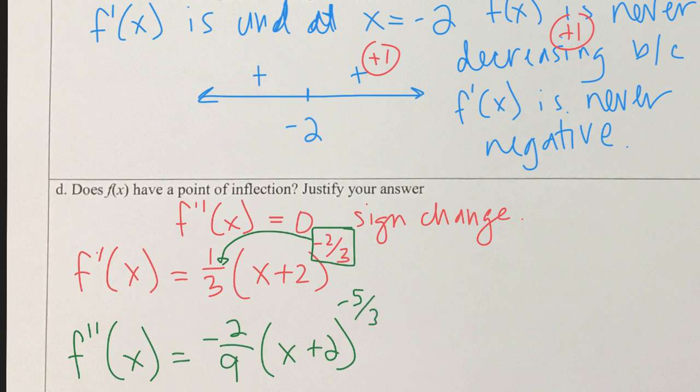And then times the derivative of your parentheses, which is just 1, so nothing is happening there. Now remember, we want to know when this is equal to 0 or when it is undefined. It looks like it's going to be equal to 0 once again when your parenthesis thing is 0. So what number makes this equal to 0?